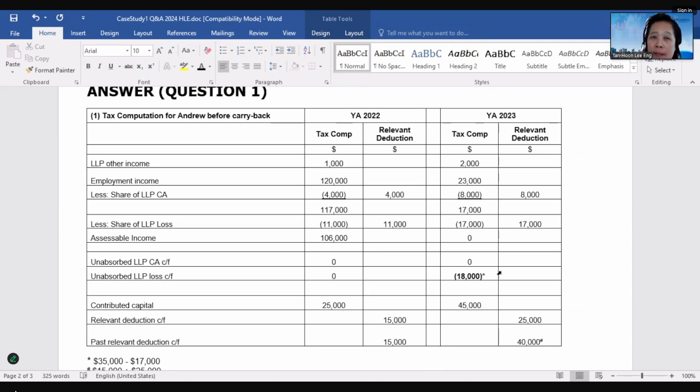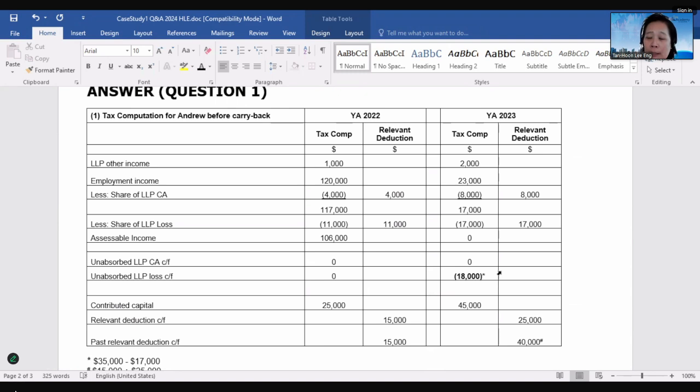No. Remember, there was one slide where we say we take it as he still stays as a partner. It's just that maybe his CC reduced so much until the past relevant deduction is more than the current CC in 2024. Remember the earlier slide, slide 47 that Jean was asking.